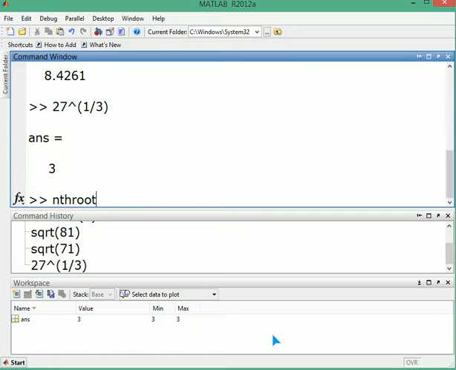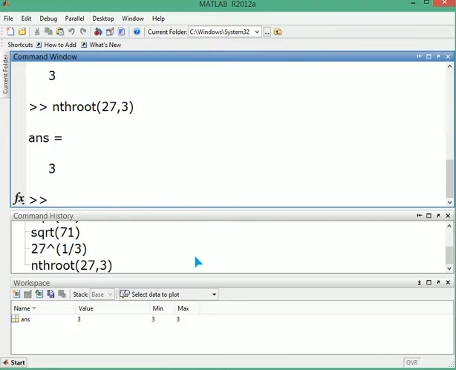Nth root is that function, and we may pass the first value for which the nth root has to be computed, and the root, nth root, has to be given here, like 3. So 4, 5, 6, nth root, whichever value you pass, you will get the answer.